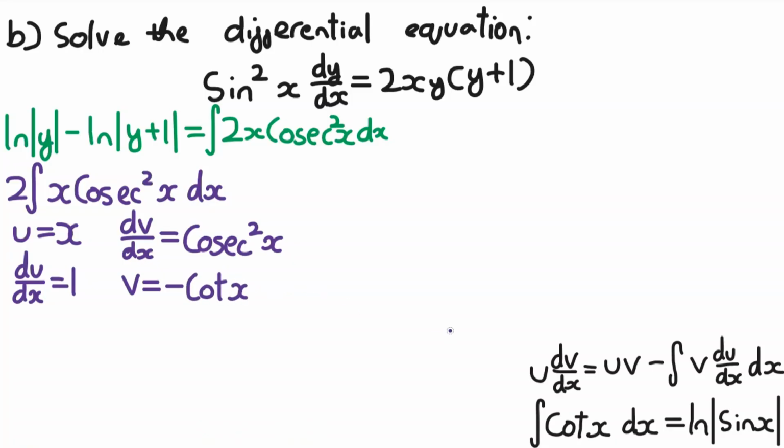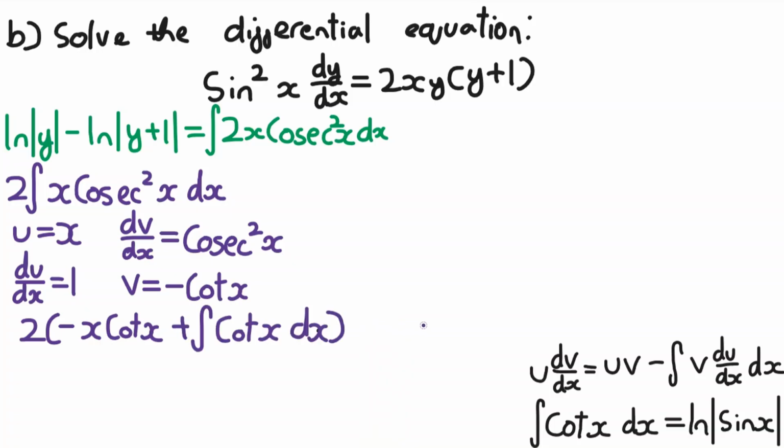Okay, so let's consider the integration by parts formula. So it's uv, so u is x and v is minus cot x, so therefore uv is going to be minus x cot x. Remember, we need to include this 2 at the front as well that we took out at the start, and then it's going to be minus the integral of v du over dx. So v is minus cot x and du over dx is 1, so this is just going to be minus cot x.